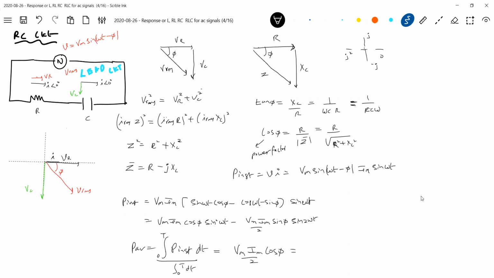If I rewrite, it is Vrms Irms cos phi. So the 2 will not be there.